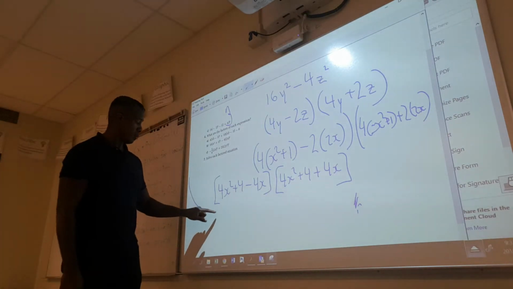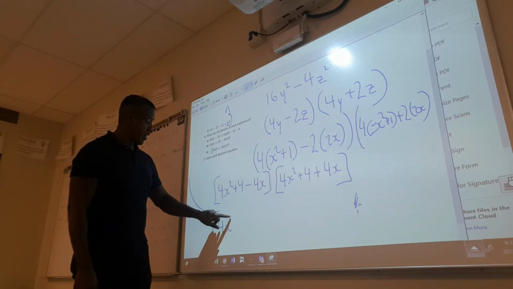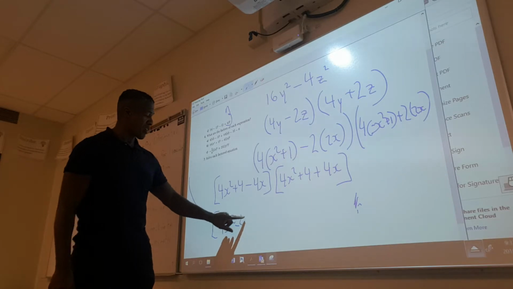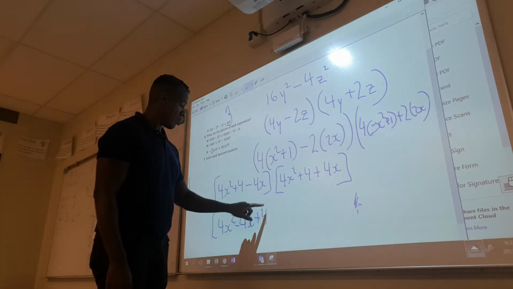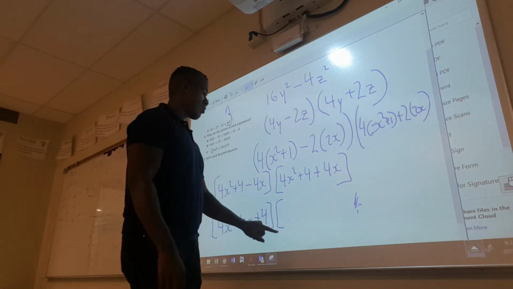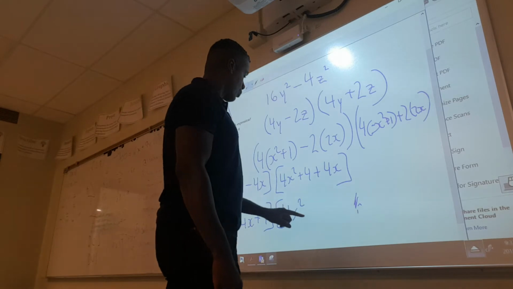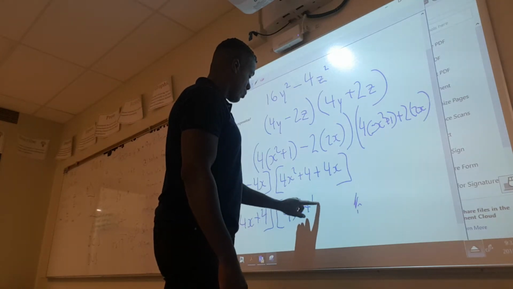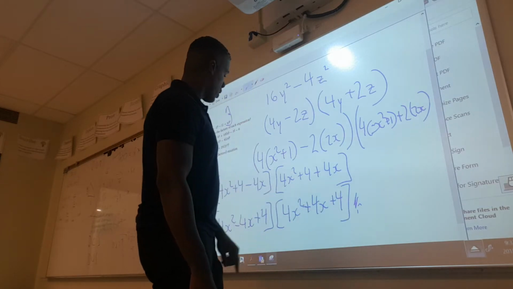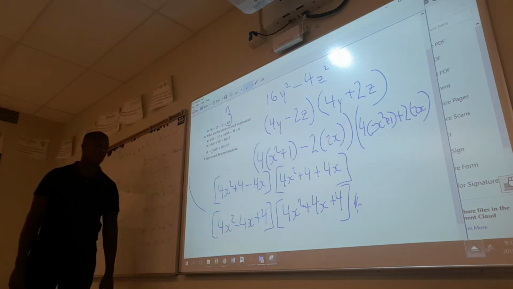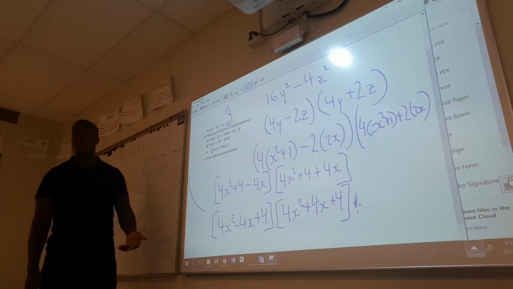It's always best when we write our polynomials to write them in descending order. It's a nice thing. Now, can we factor out a 4?